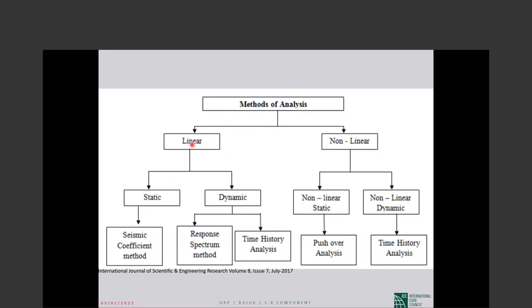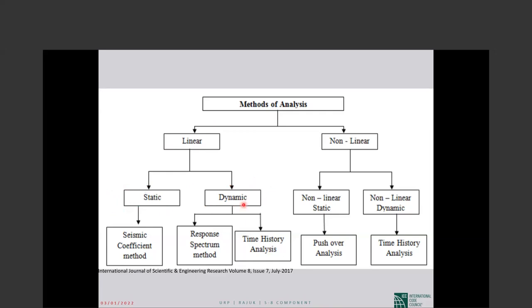Also, we mentioned that the main limitation based on which we select linear or nonlinear is mainly the irregularities in strength. And then the main point based on which we select static or dynamic, nonlinear static or nonlinear dynamic, linear static or linear dynamic, depends on the irregularities in strength, in stiffness and mass.